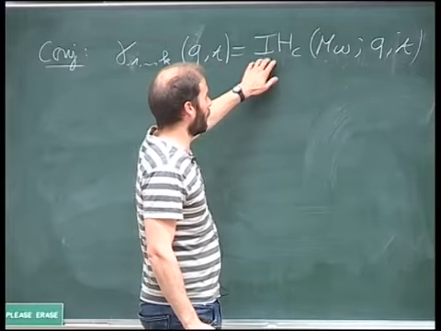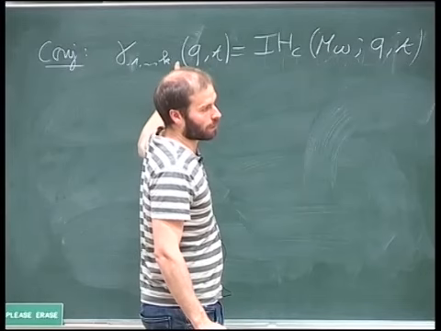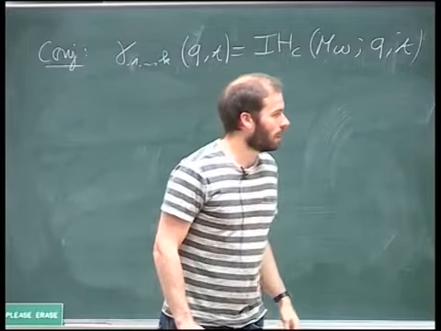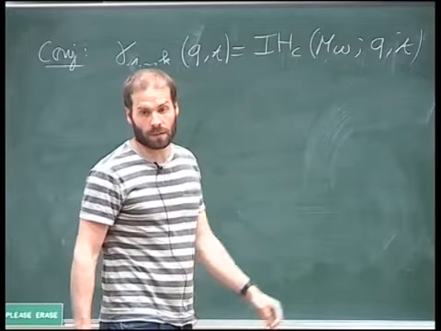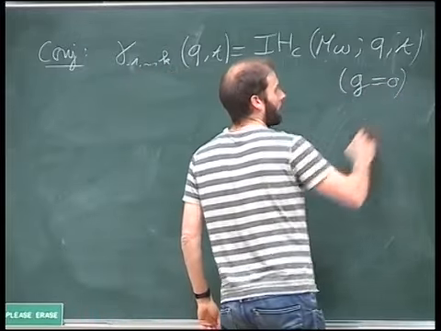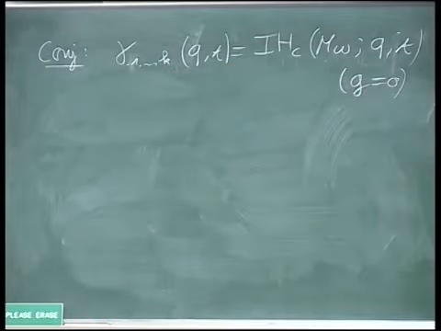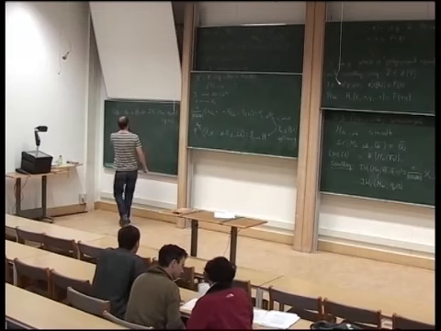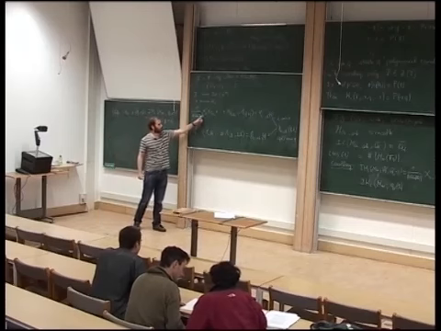I need to give a formula for this one, because now we get a combinatorial formula. And from this combinatorial formula, we will be able to prove this conjecture in some cases. So that is true if g is equal to 0, the genus here. What I said before works for any genus, but here it makes sense only for genus equal to 0, otherwise you have to add some stuff here and here.